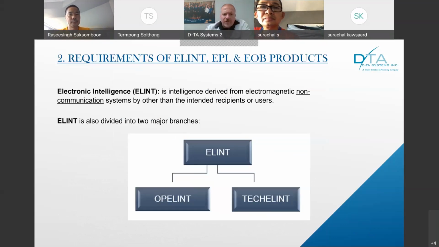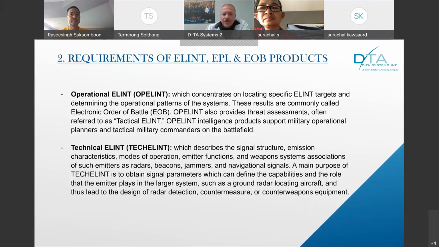So ELINT, or electronic intelligence, is intelligence derived from electromagnetic non-communication systems by other than the intended recipients or users. ELINT has two branches: operational ELINT, or OP-ELINT, and technical ELINT, or tech ELINT. Operational ELINT concentrates on locating specific ELINT targets and determining their operational patterns of the system.